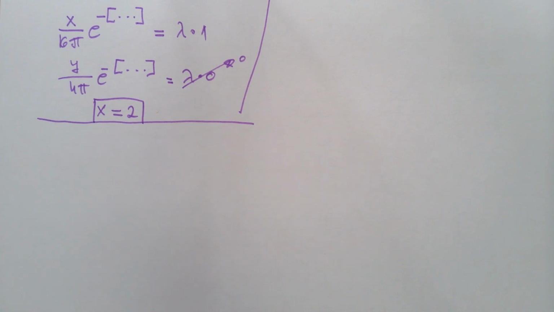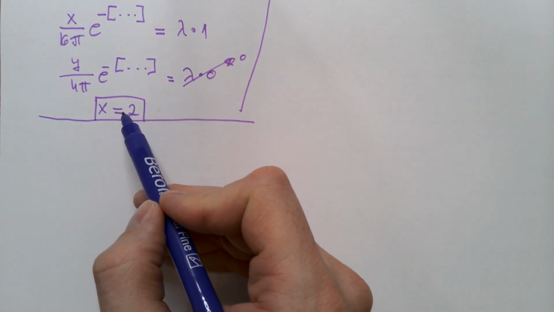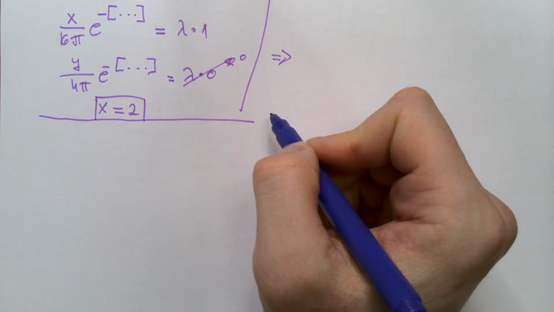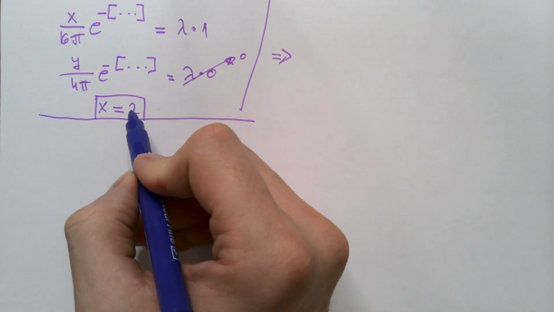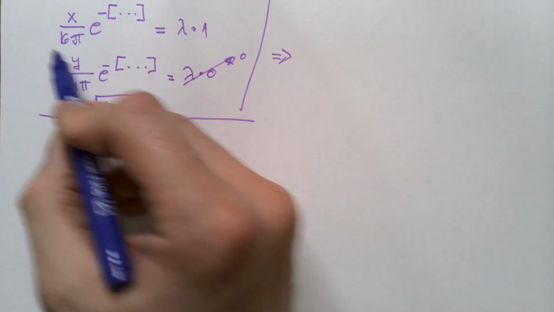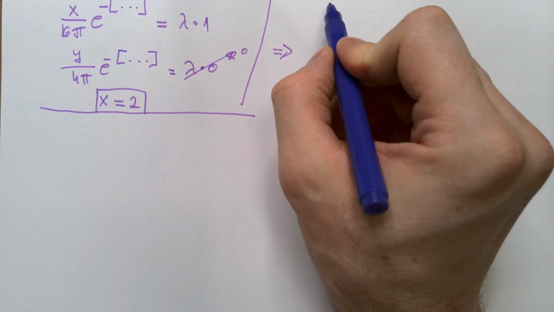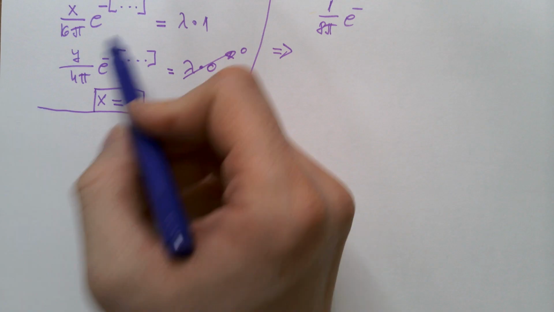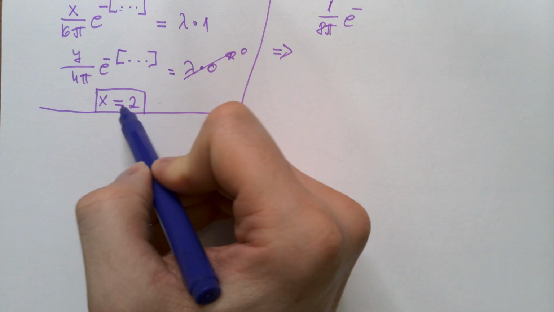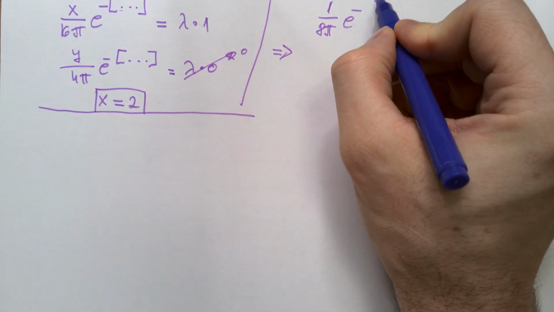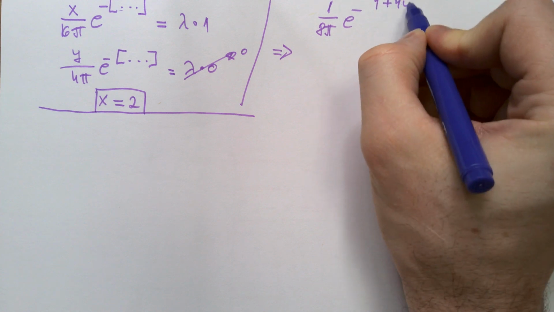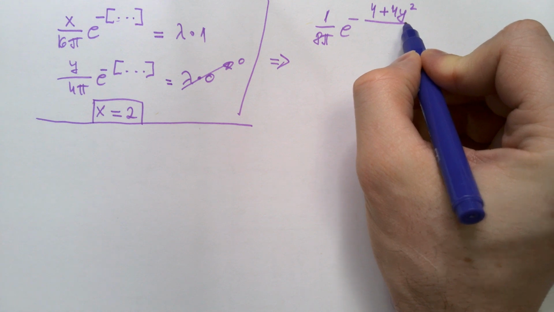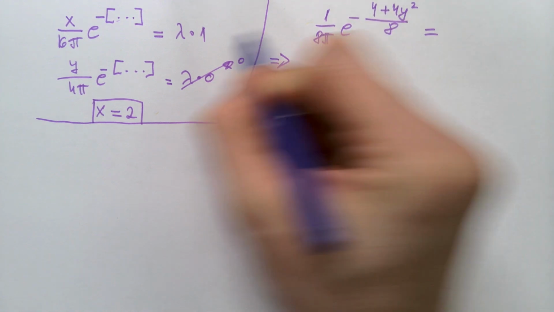Well, that was easy. Now we will take this solution and plug it into equation number 1 and equation number 2. When I plug x equals 2 here, that 2 will cancel with 16 and I will get 1 over 8 pi e to the negative exponent, which upon substituting x equals 2 becomes 4 plus 4y squared divided by 8, and that is equal to lambda.